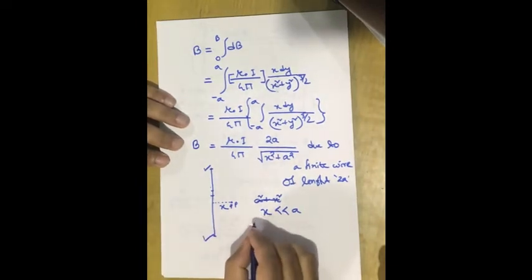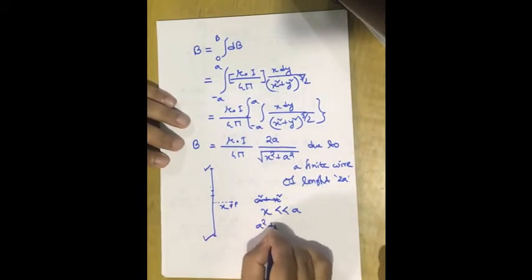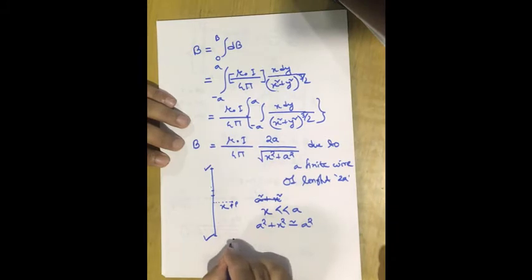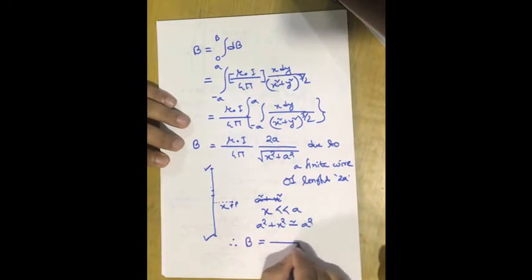So in that case, we can write a square plus x square almost equal to a square. So for an infinite wire, B we can write as mu naught into I divided by 4 pi, twice a over a.